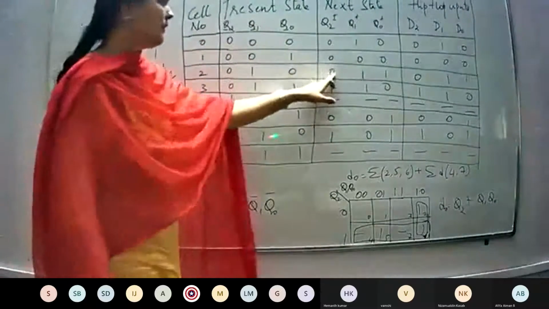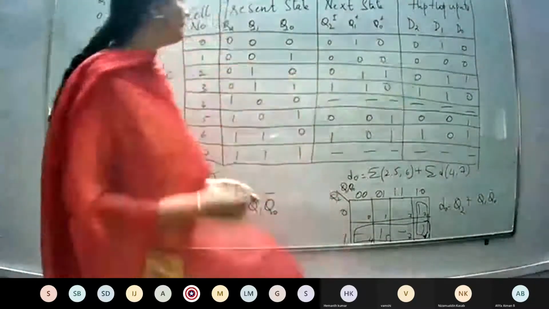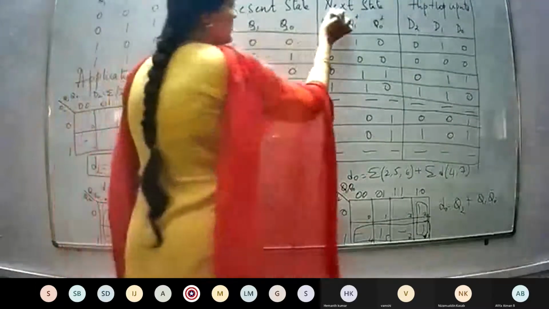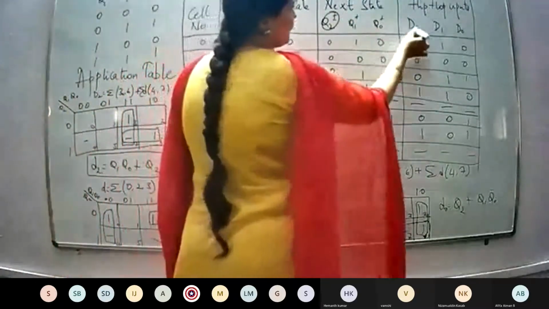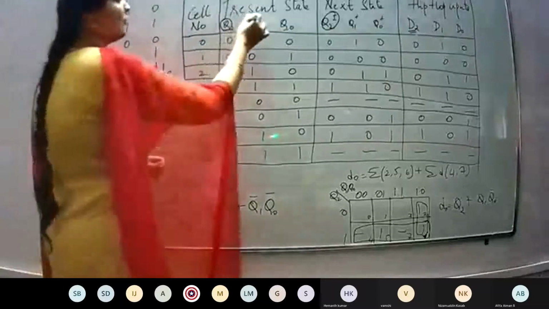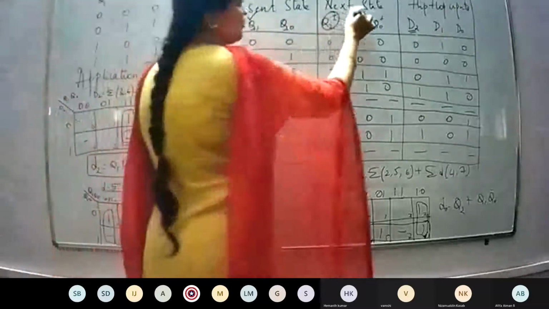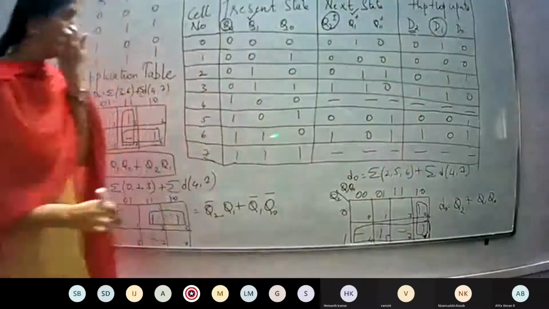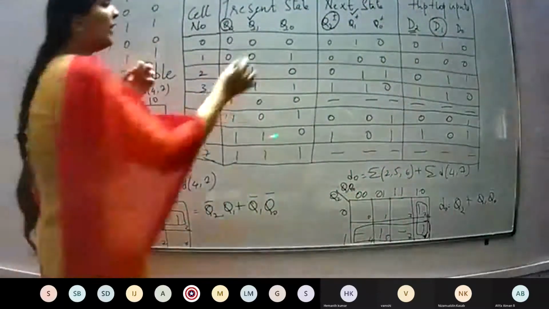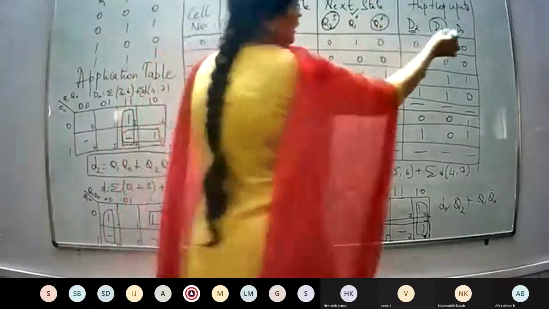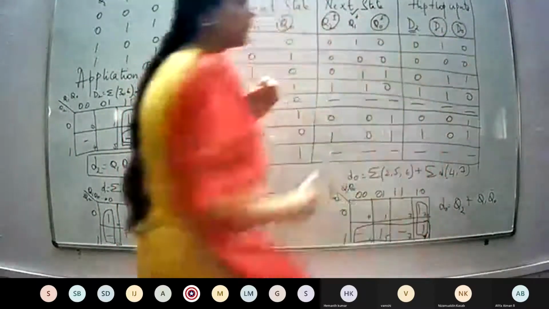Which one do you have to see? You have to see Q2, you have to see Q2 plus, and you have to fill D2. In the same way, you have to see Q1, Q1 plus, and fill D1. In the same way, you have to see Q0, Q0 plus, and fill D0.